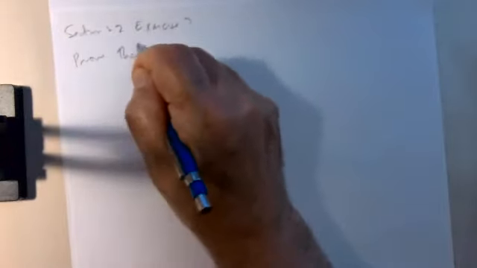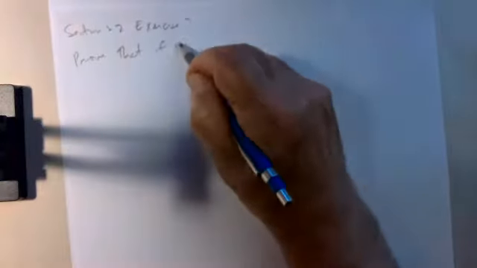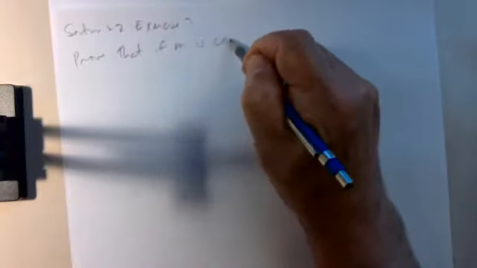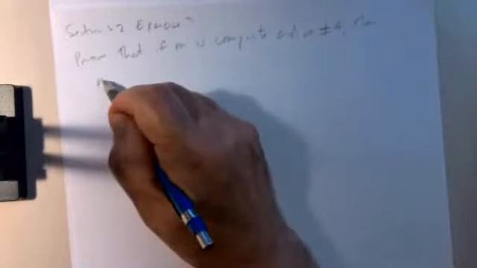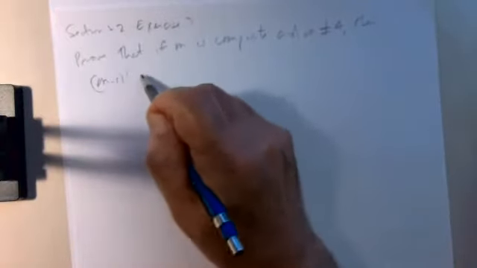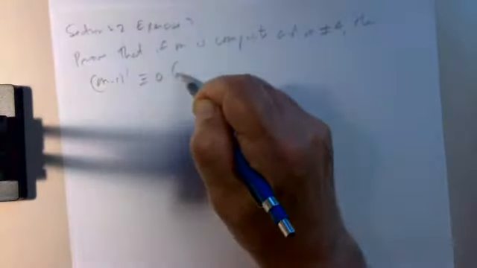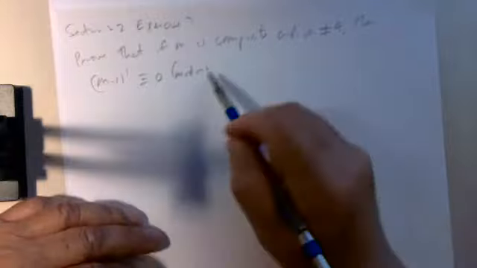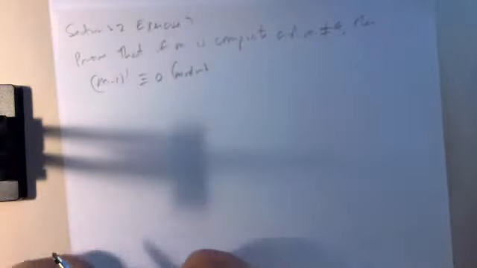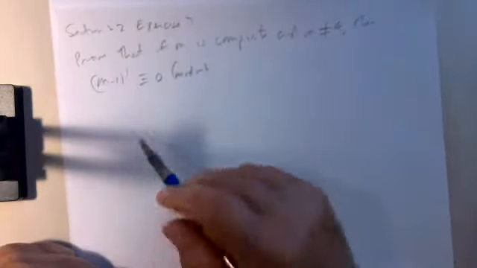Prove that if M is composite and M is not equal to 4, then M minus 1 factorial is congruent to 0 mod M. So we just have to think about what it means to say that M is composite.